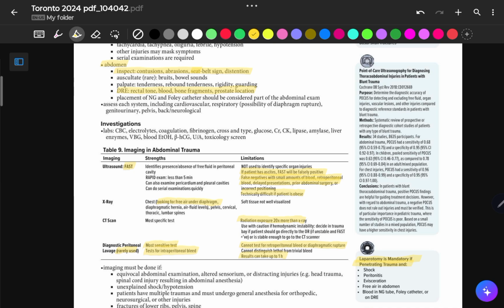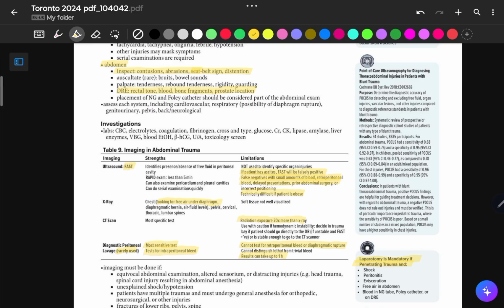If a patient has ascites, then it becomes complicated. FAST can give a false positive, and it can also give a false negative if the patient has only a small amount of blood. False positives and negatives can also occur with retroperitoneal blood and delayed presentation, as well as poor positioning and technically difficult patients. If the patient is obese, then it becomes difficult.